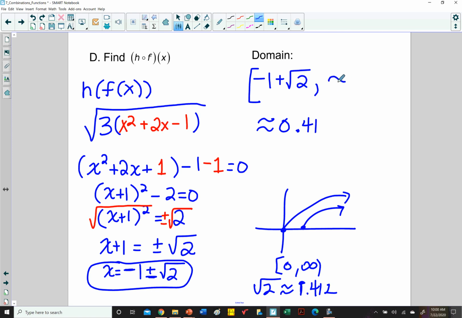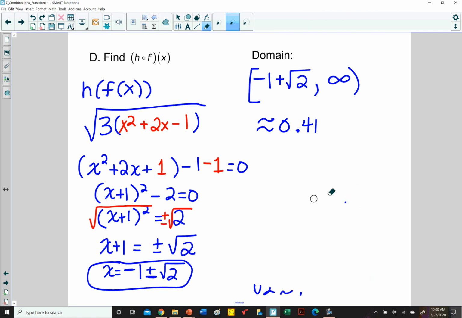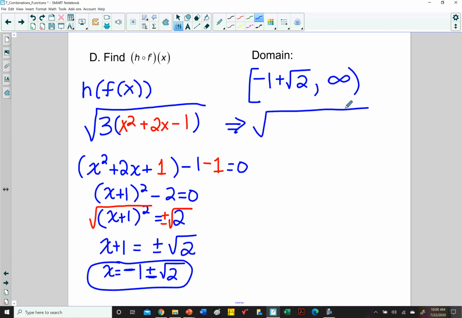And then on to infinity. So without dragging out a calculator and looking at the graph, you should be able to reason through why that value has to be a positive value, because if you did expand this, your composition would look like 3x squared plus 6x minus 3.